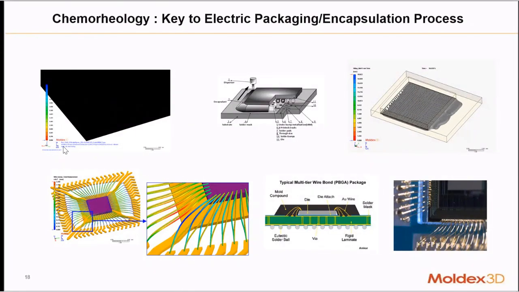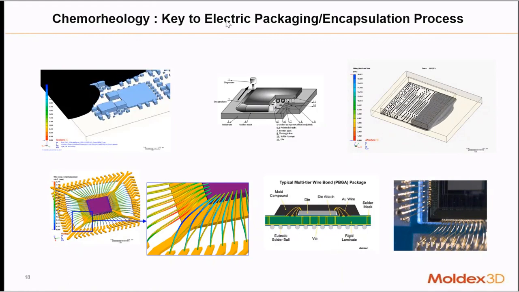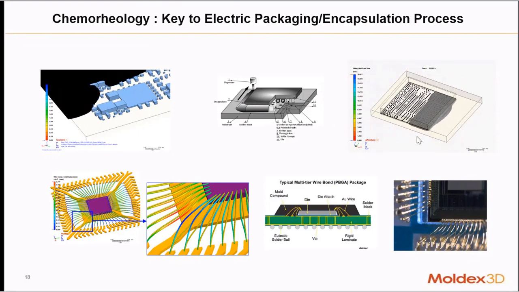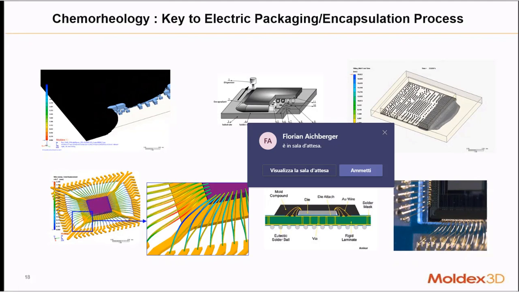The most important one is in the semiconductor or electronic packaging process, such as traditional transfer molding or the more advanced underfill molding, which is based on the capillary force to fill the cavities.